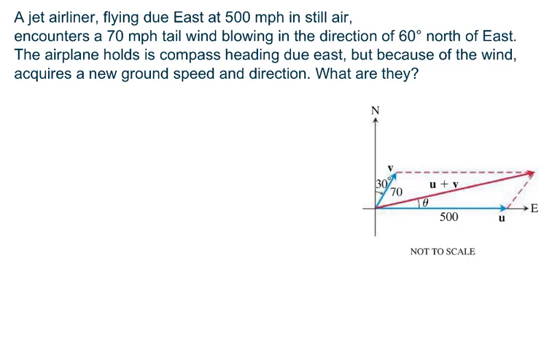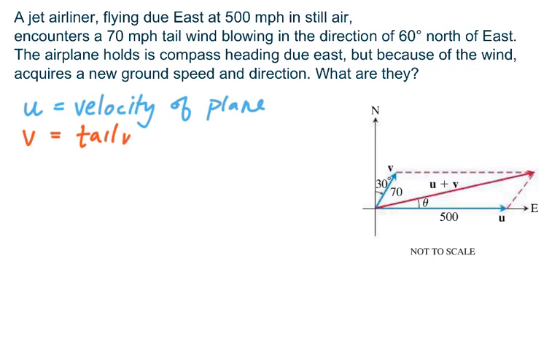For this problem, I'm going to let U represent the velocity of the airplane alone, and V is going to represent the tailwind. Well, we know the magnitude of U is 500.